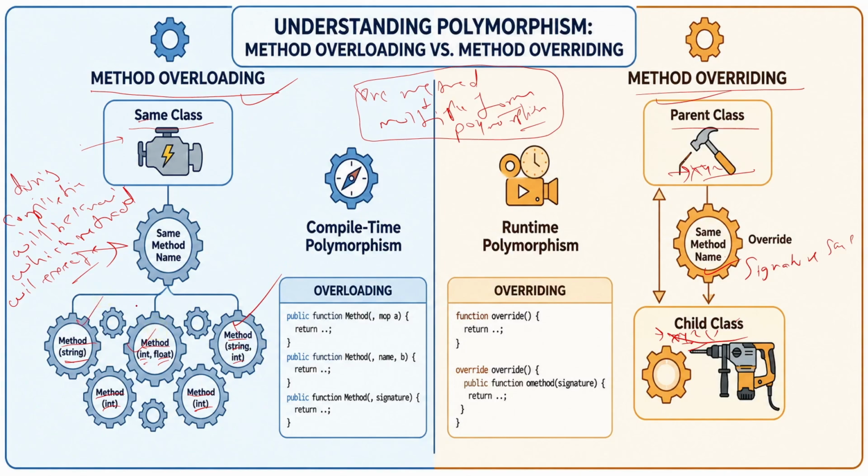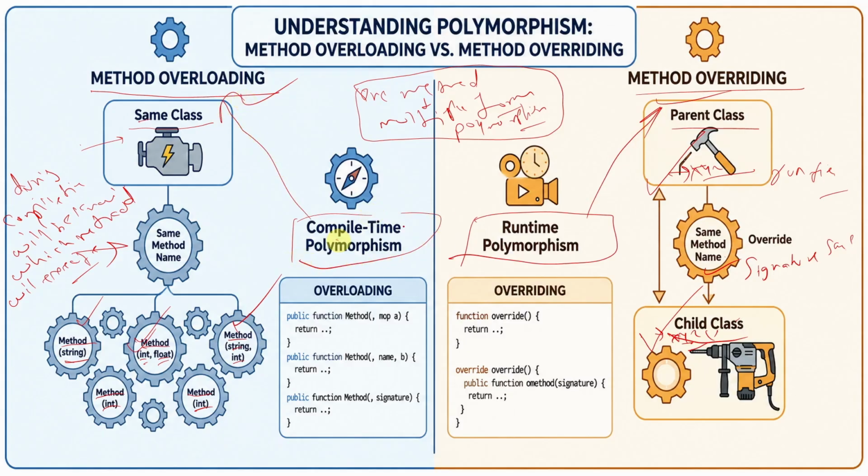So based on the method call, during compile time, we will know, okay, this method will get called. Whereas in method overriding, whether the parent class method or the child class method will get called, we come across this during runtime. So which method to execute, we will come to know during runtime. That's why we call it runtime polymorphism for method overriding and compile time polymorphism for method overloading.